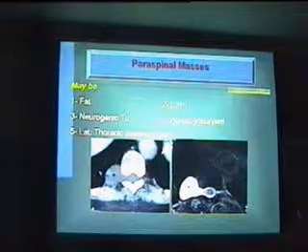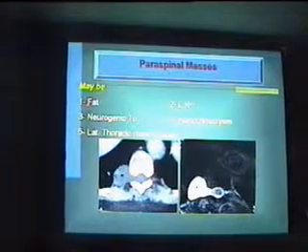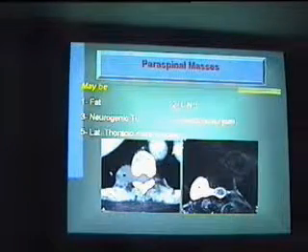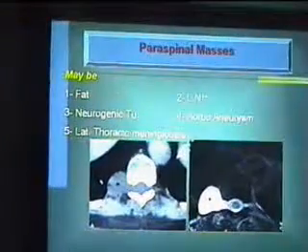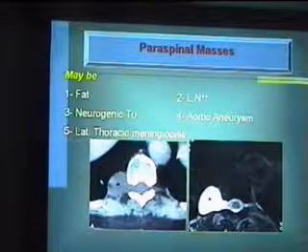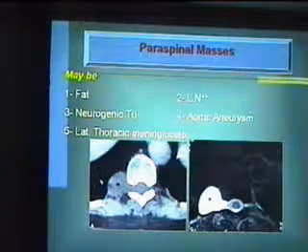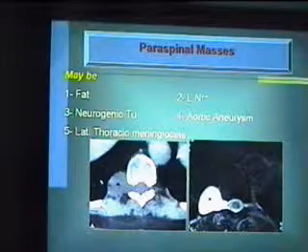ننقل بقى على الـ paraspinal masses. الـ paraspinal masses may be fat لأن الـ fat is present all around the mediastinum. Maybe lymph nodes. طبعا neurogenic tumor شهيرة جدا. Aortic aneurysm لأنها باللوكيشن جنب السباين، و lateral thoracic meningocele. Okay? And look at this lateral thoracic meningocele here.